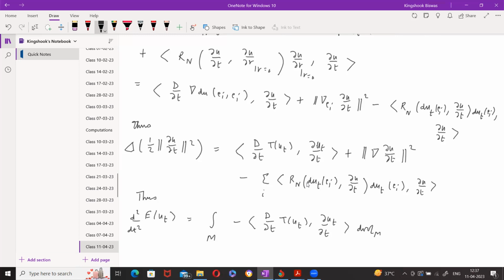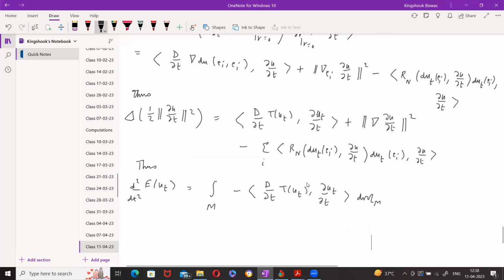And this minus inner product d del t tau u, del t, is this term here. If I take it to the other side, it becomes a minus, and I take this Laplacian to this side. So then what will I get? I'll get this is equal to integral over n of minus the Laplacian of half norm del u del t squared, right?